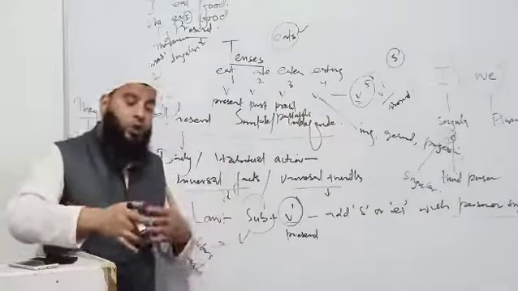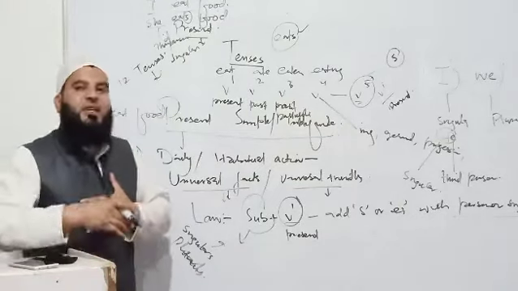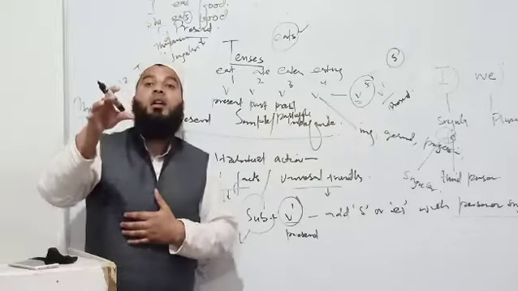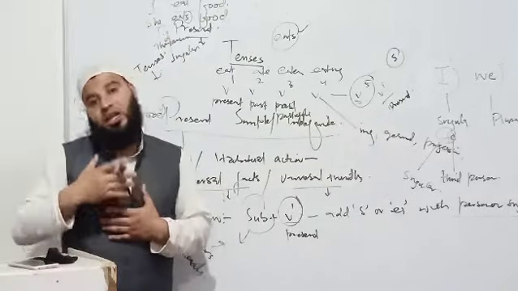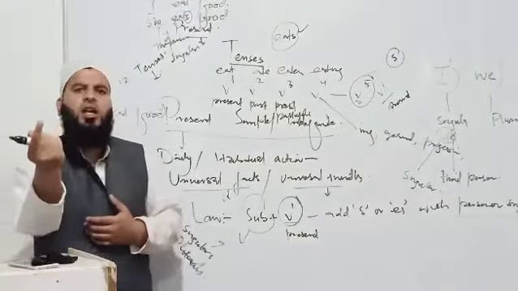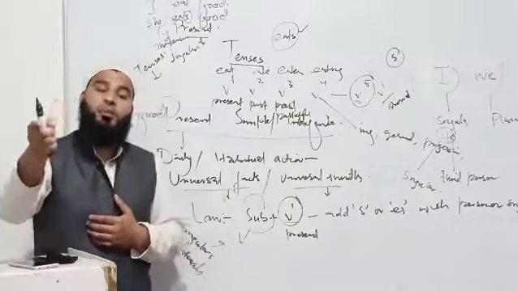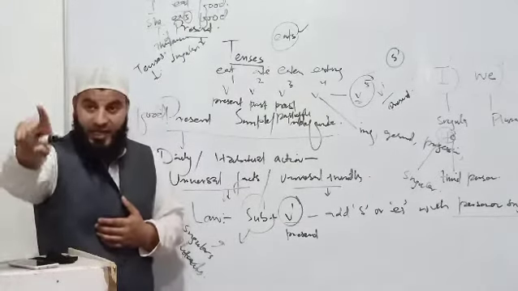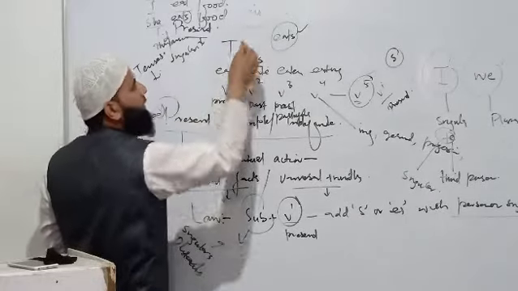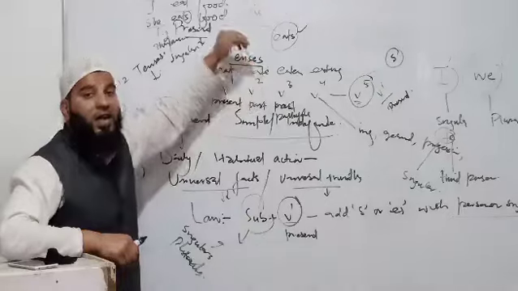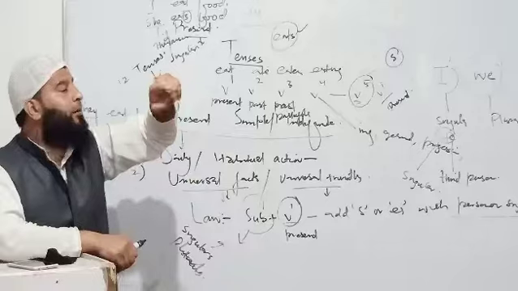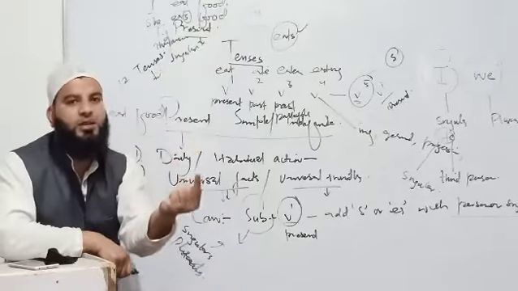Suppose I for myself am first person. For you, I am second person. You are second person for me. If I am talking to only one person, if I say, you stand up, and only one person gets up, it means I am talking about the second person, singular.